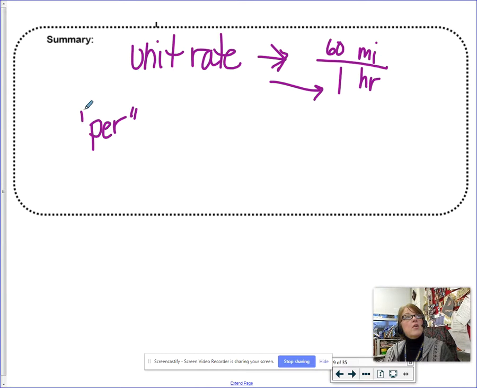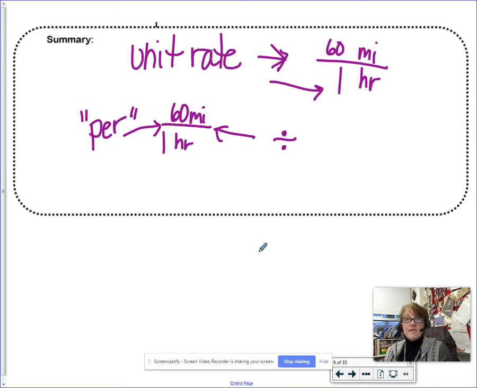Let's write per is your fraction bar. So if I say 60 miles per hour, per is that one. That usually is the word, that's the key. Sometimes they might say instead of per, they might say in an hour or something like that. And the other thing I want you to make sure you understand is that this also represents the operation division.